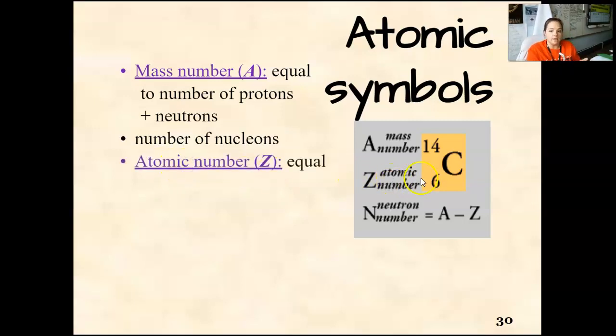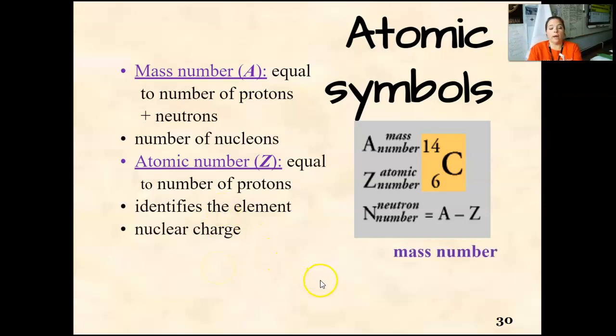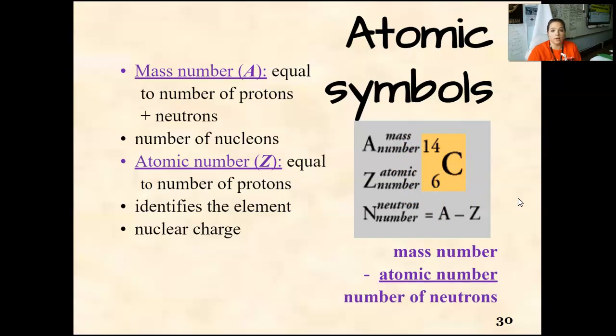Then you have Z, the number at the bottom part of the left-hand side. That one equals the number of protons, and it identifies the element. Very huge thing. It also can help figure out the nuclear charge. How? In the nucleus, we take the mass number, everything in the middle, and subtract the atomic number, the number of protons, and we get the number of neutrons.